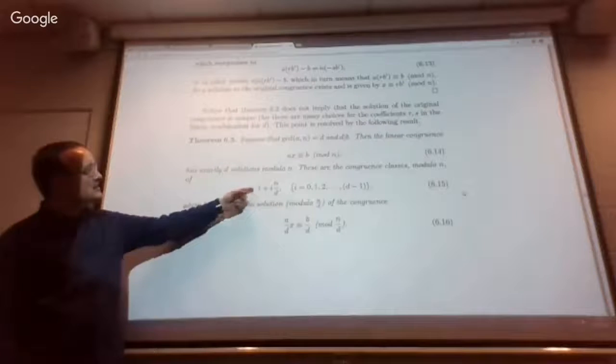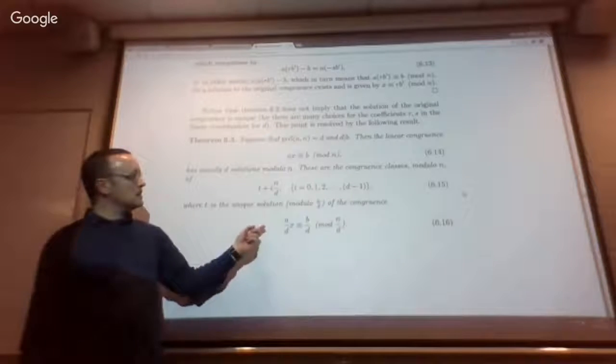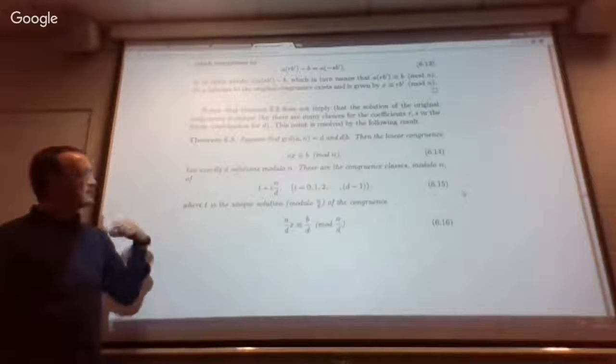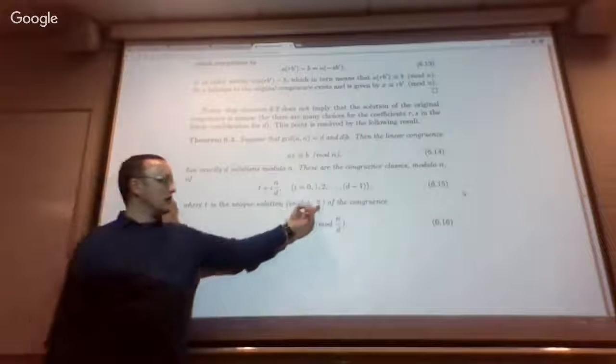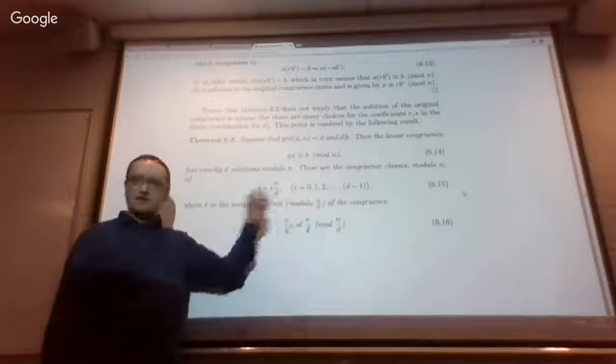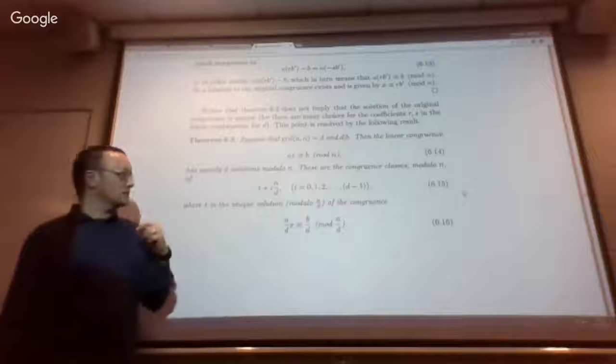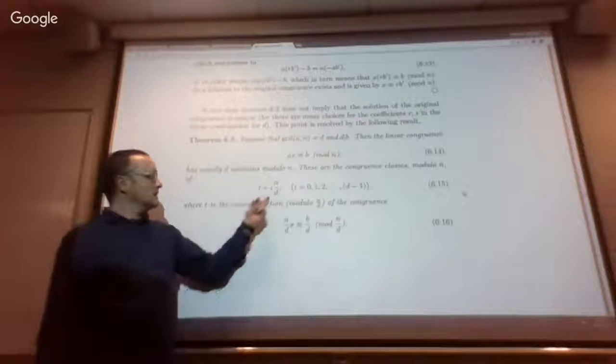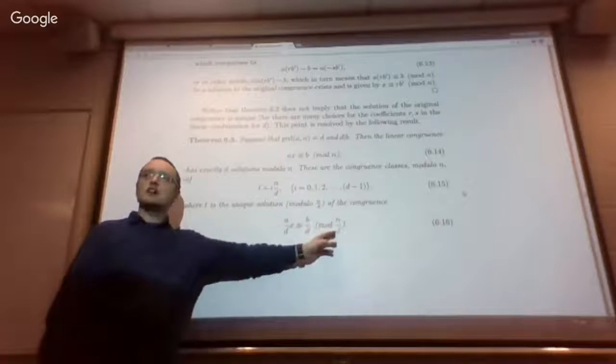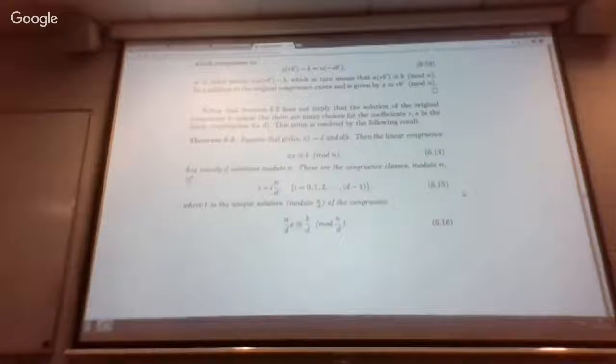And what's the t? The t is the representative of the unique solution modulo n over d. Remember, n over d is an integer, because d is a divisor of n. It is the solution of the reduced congruence. When you divide all 3 parts of the congruence across by that number d, that gives you a congruence that is covered by the first result.